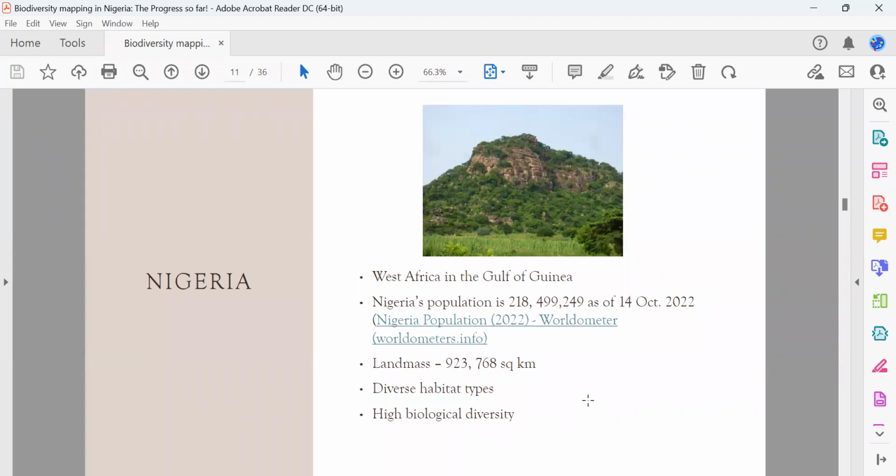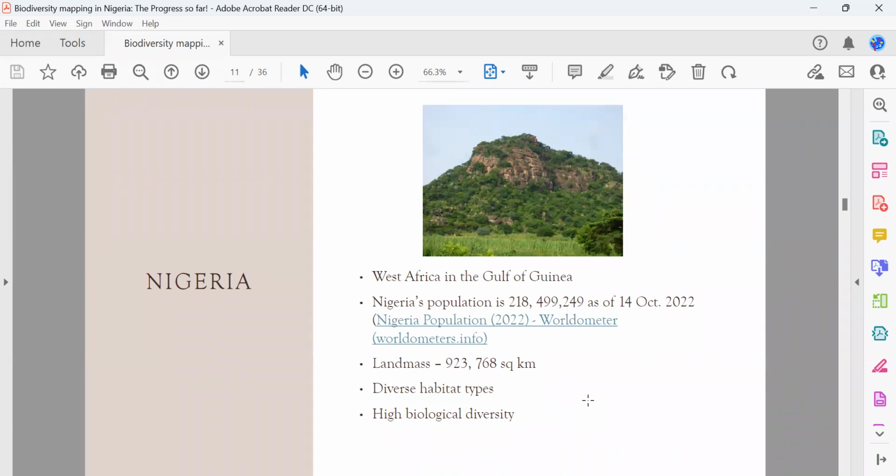Then, of course, we also have mountain ranges along the Obudu Plateau, Sankola mountain ranges, the Mambila Plateau, which also extends far into Cameroon. As a result of these diverse habitat types, Nigeria has one of the highest biological diversities in the world. Since the 1990s, the IUCN ranked Nigeria 11th in terms of biodiversity richness in Africa.